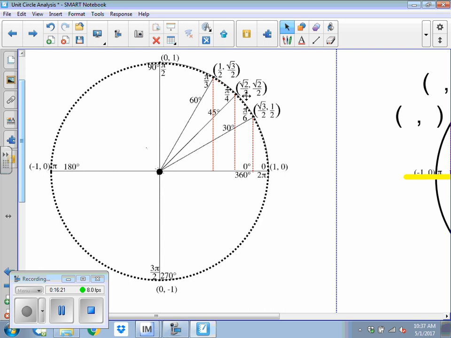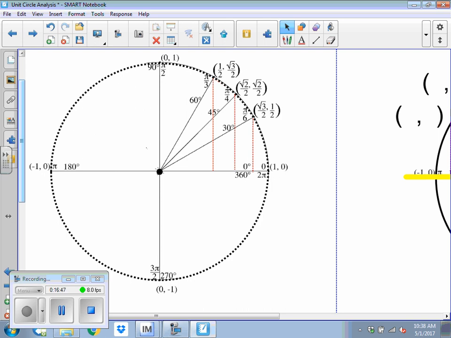Now, I want to show you a number pattern. First of all, what are all the denominators? All the denominators are 2. So that's your first number pattern. Another number pattern is all of the tops are square root something over 2, except that, what's the square root of 1? Just 1, right?